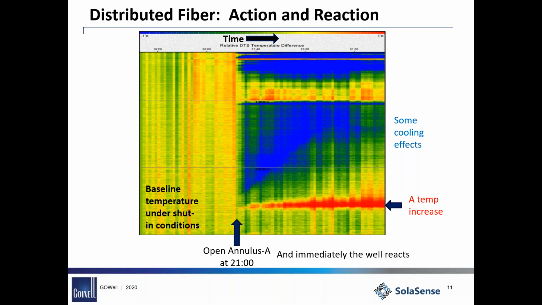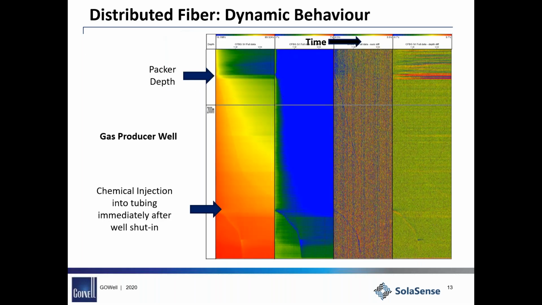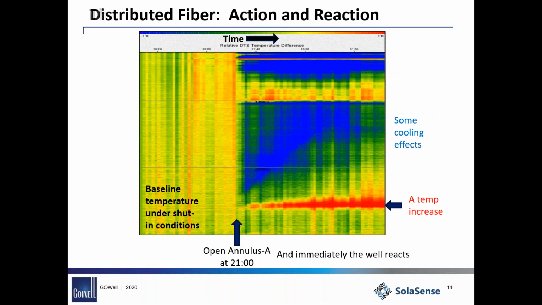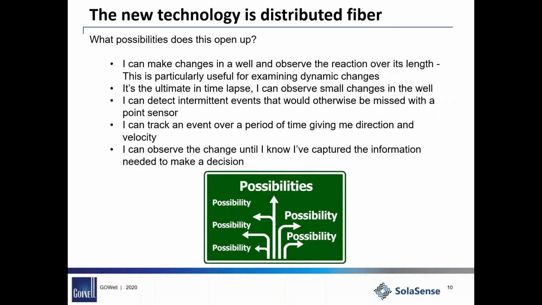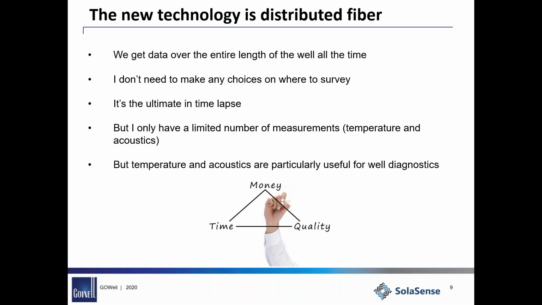I think the challenge here is to educate right across the industry on the value of these measurements, because one of the challenges we see is that the service companies tend to follow what the operators require, and if it's not in the tenders, it's something they're not interested in providing.